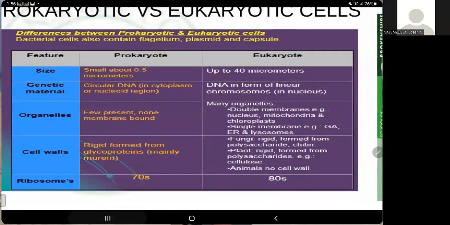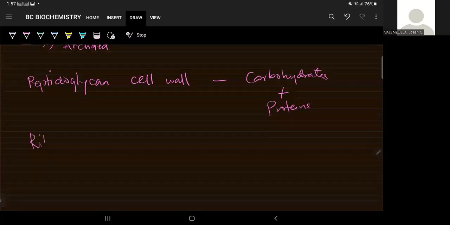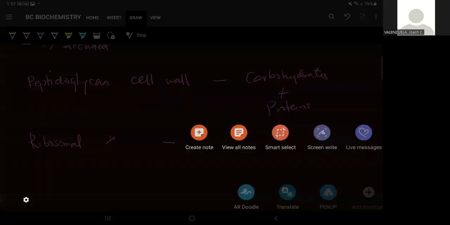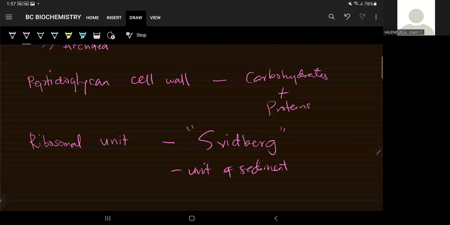The unit is the Svedberg, a unit of sedimentation of proteins.